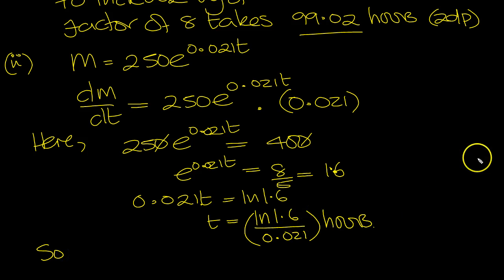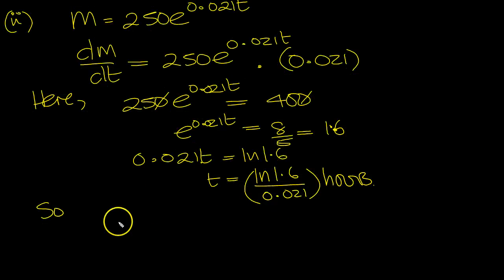So dm/dt, the rate of increase of mass with respect to time, at this time is equal to, well, hang on, this value here is the value of m, isn't it? Which is when it was 400, which we did all that work, but all we needed to do was put 400 in here, which would have saved a lot of work.